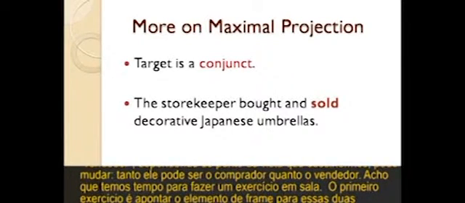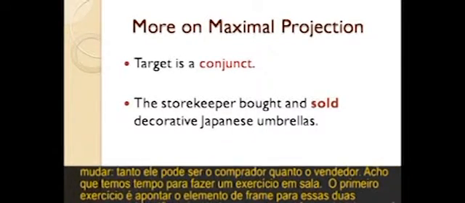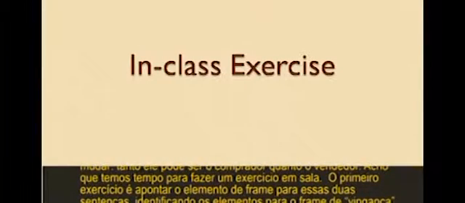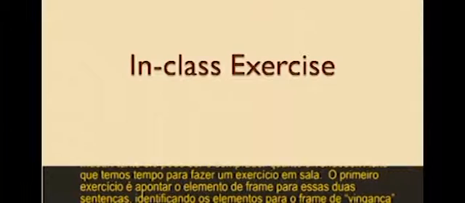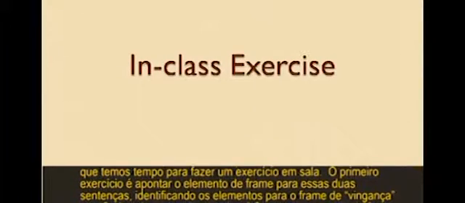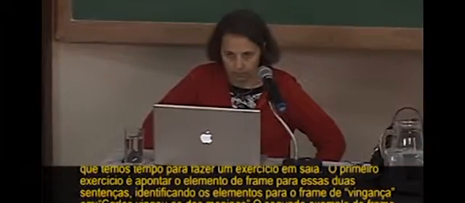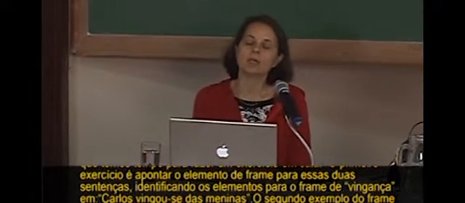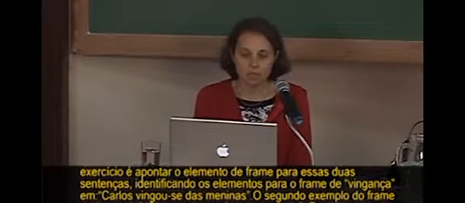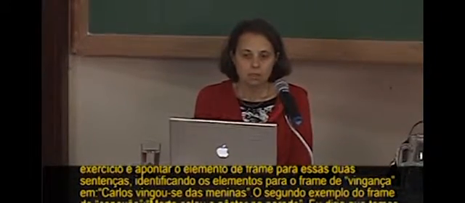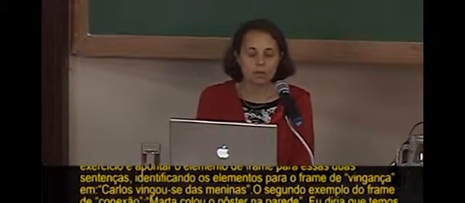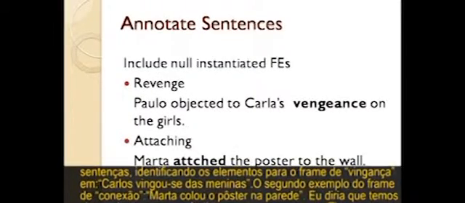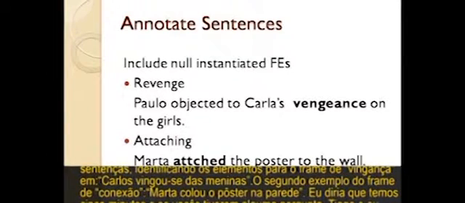So we did this, and now I think we still have a little time to do an in-class exercise. The first exercise is to annotate each of these sentences, providing the frame elements for the revenge frame.